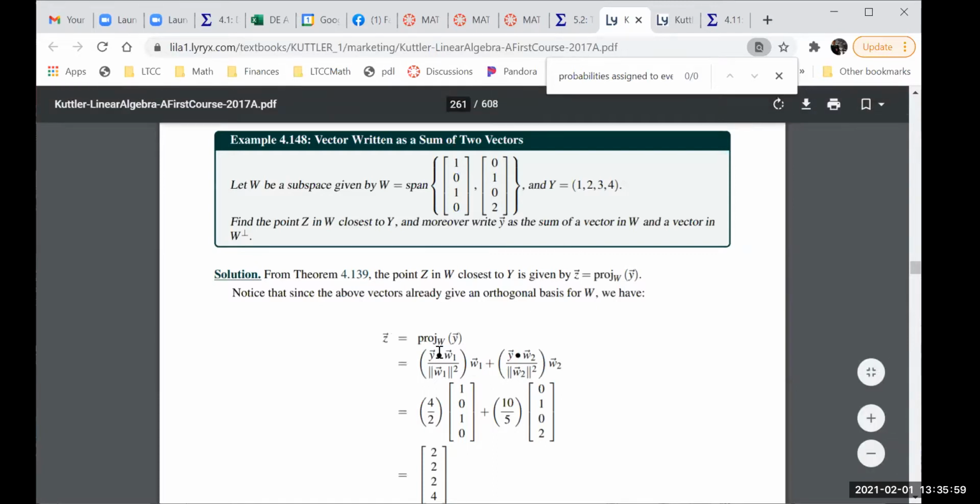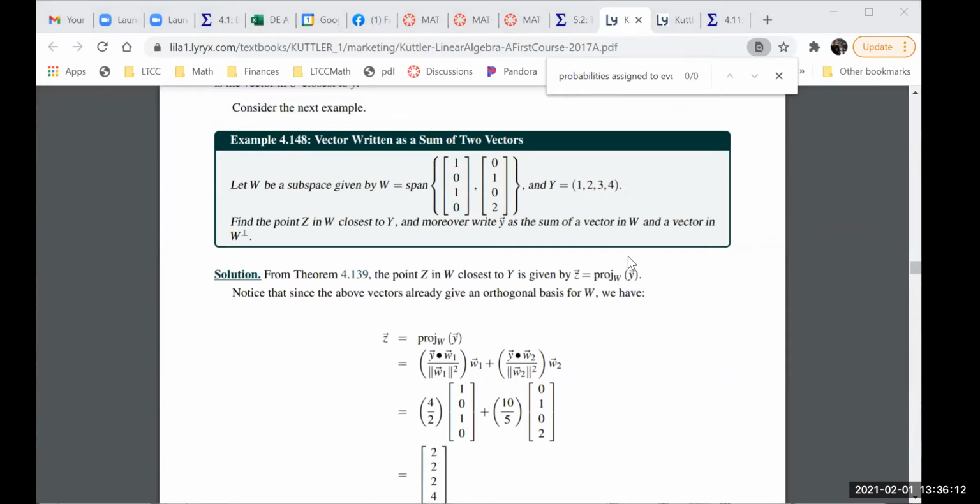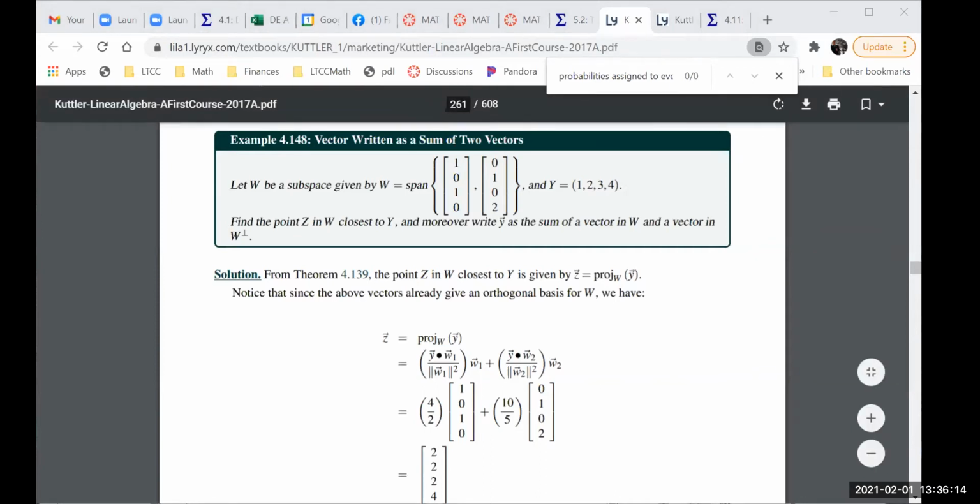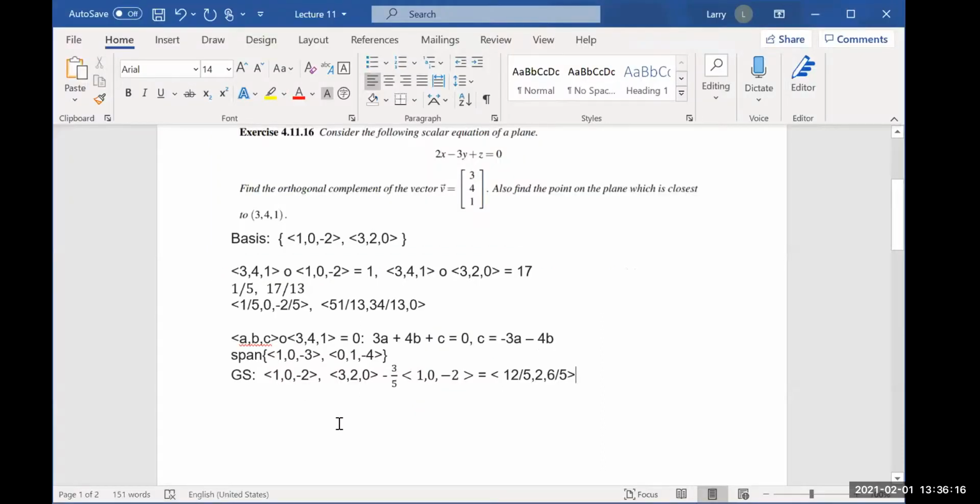Okay, if I don't have an orthonormal basis, which is fine, then I have to divide by the magnitudes. So I go ahead and do that. And what do I get?